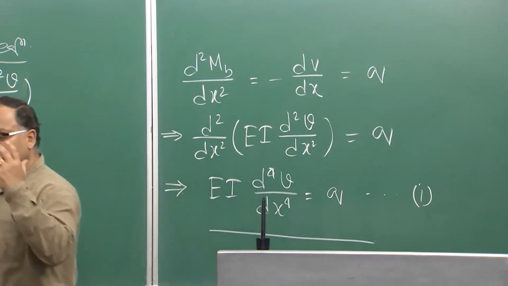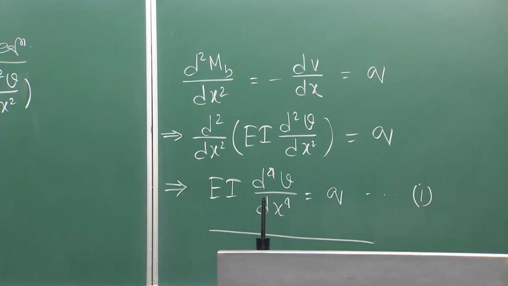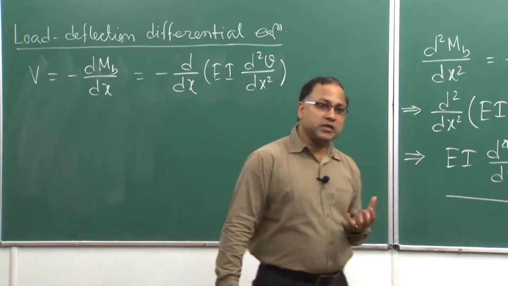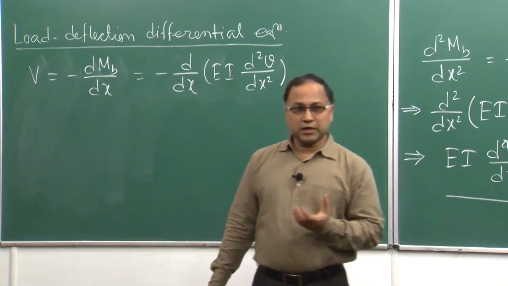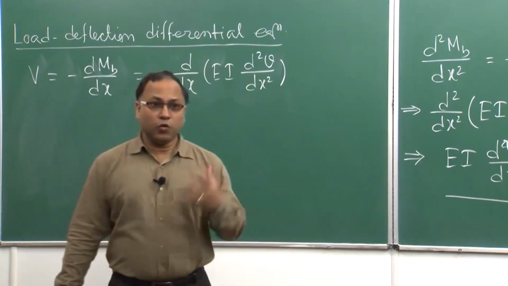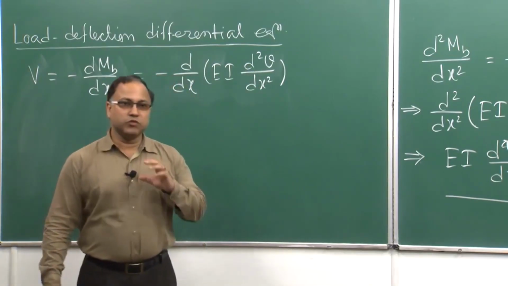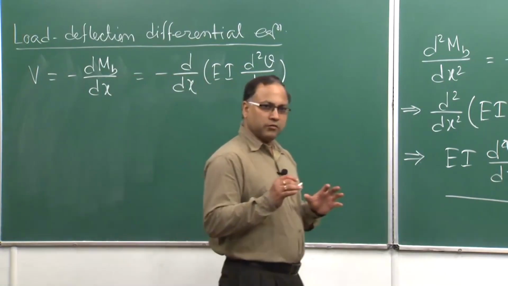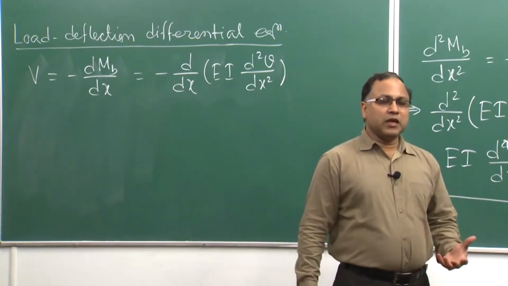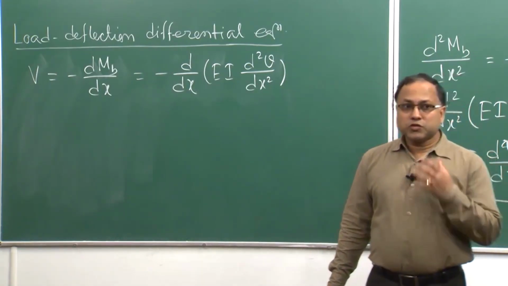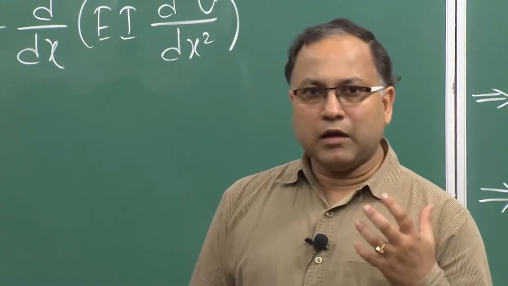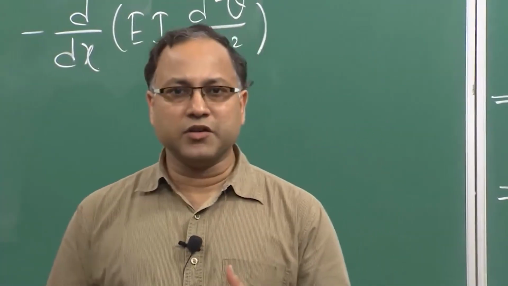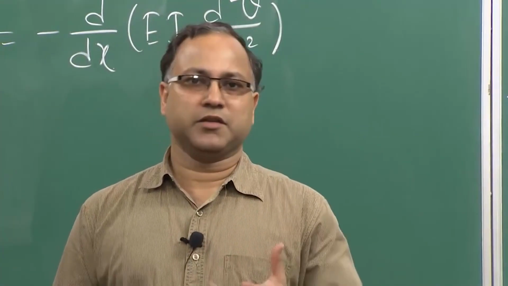So, you will accumulate four integration constants. How do we get all those integration constants? That is the question. In the last lecture we solved one problem, and there we saw that you have to introduce appropriate, suitable boundary conditions to obtain those integration constants.